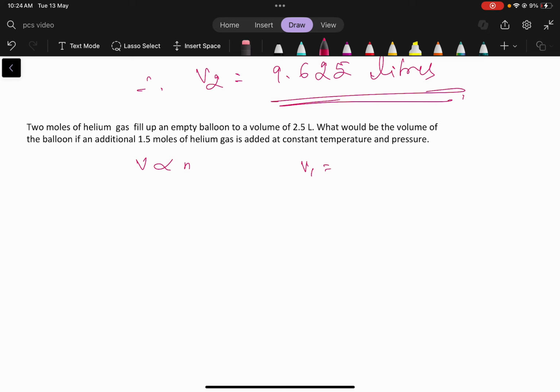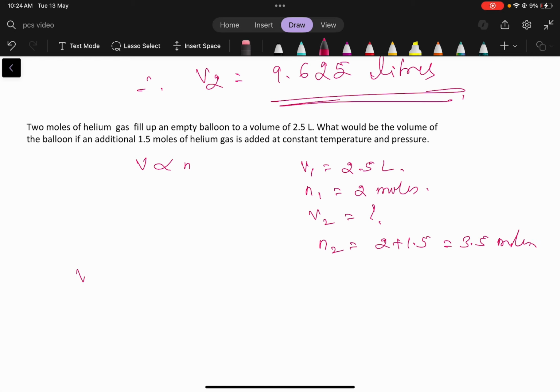So we have V1 is equal to 2.5 liters. We have N1 is equal to 2 moles. We have V2 we have to find out. We have N2 is equal to 2 plus 1.5 is equal to 3.5 moles.